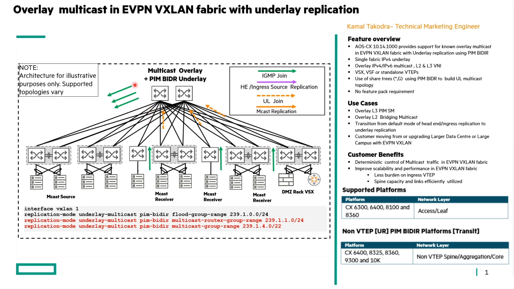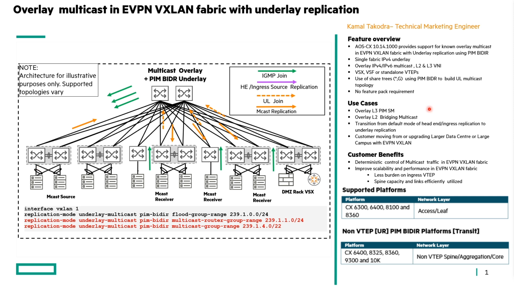We also have an IGMP join sent by the spines in the overlay to the multicast source. This in turn triggers the source VTEP to send an underlay multicast replication packet, and in turn the spines forward those to the interested receivers. We've reduced the multicast traffic between the source VTEP and the spines, as well as reduced the burden on the source VTEP.